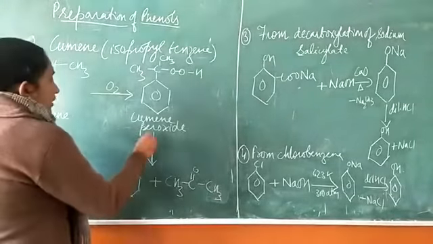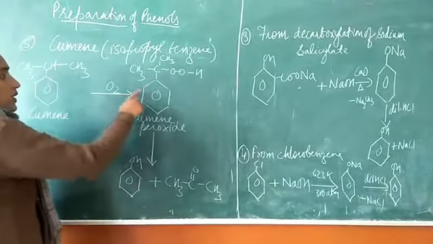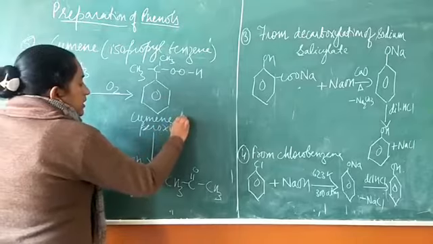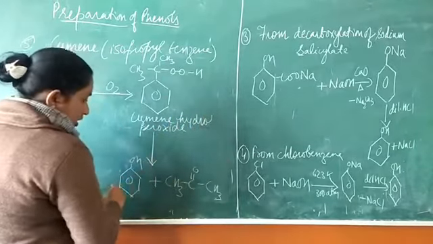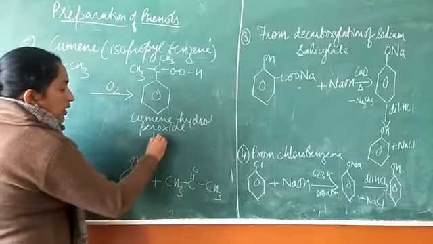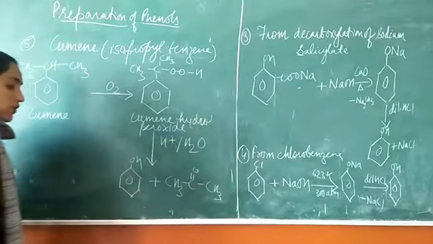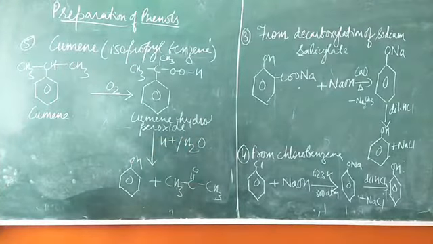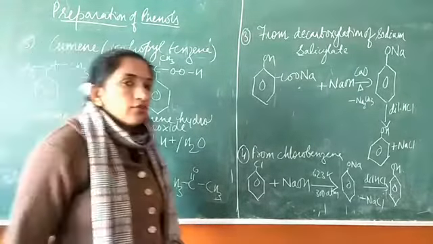So cumene on oxidation with air will give us cumene hydroperoxide, from which we can obtain the phenol and acetone by the acid hydrolysis, on getting it acidified with an acid. Right? So these are the main preparations of phenol.